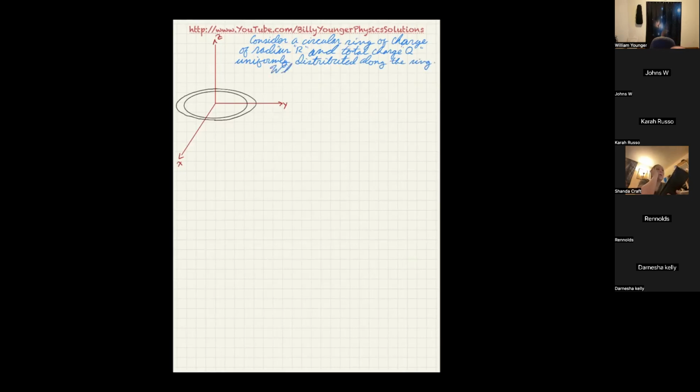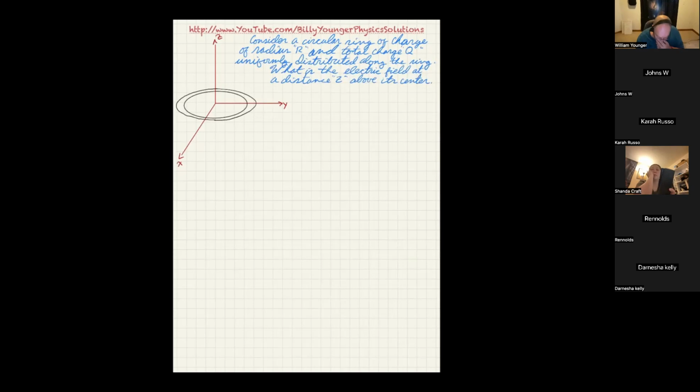What is the electric field at a distance z above its center?